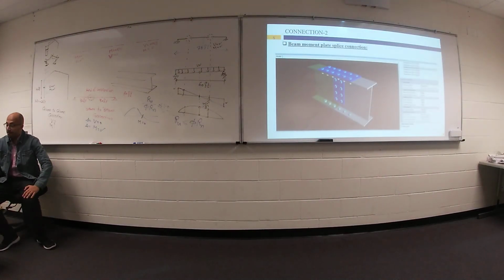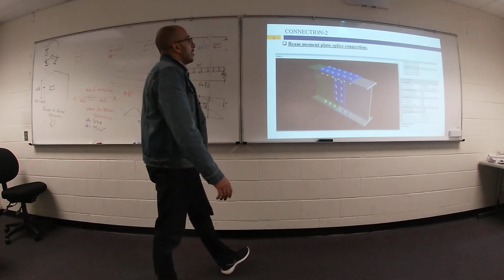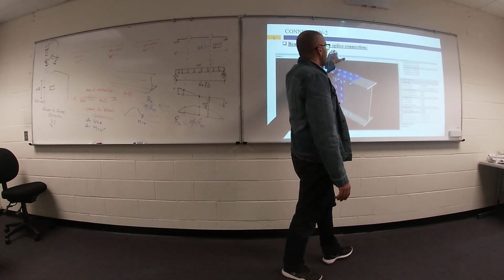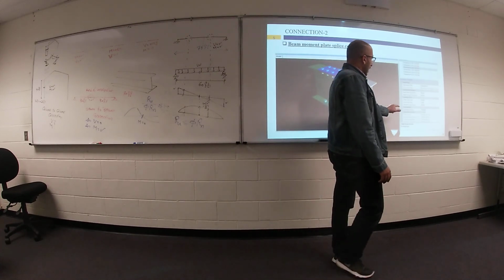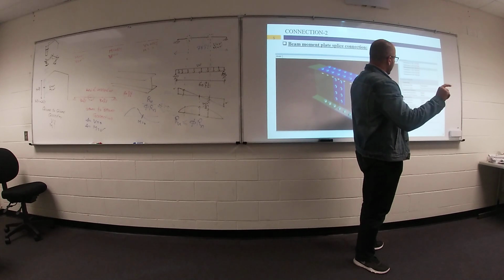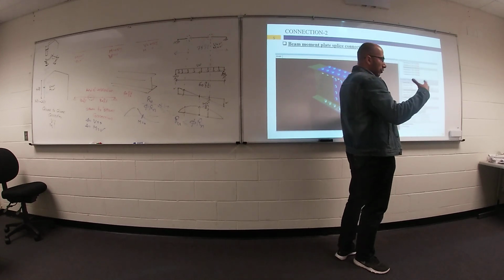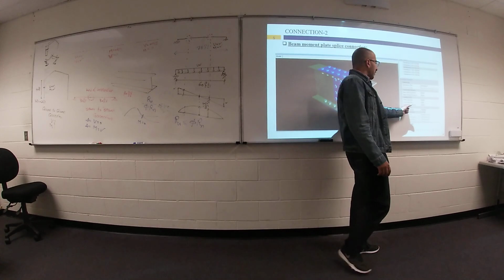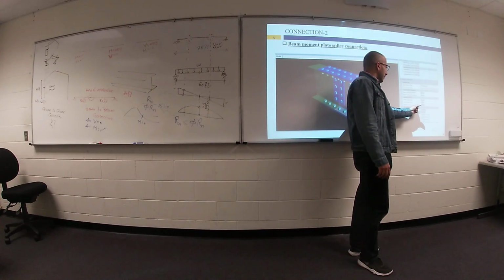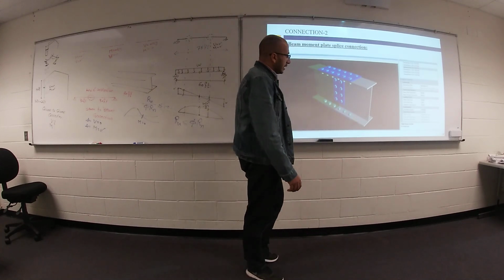The second connection is called a beam to beam moment plate splice connection. At this time, we can define the shear force and the bending moment. Axial force is nothing; most of the time, we don't have axial force in beams. So we can figure out the value of moment and the value of shear.